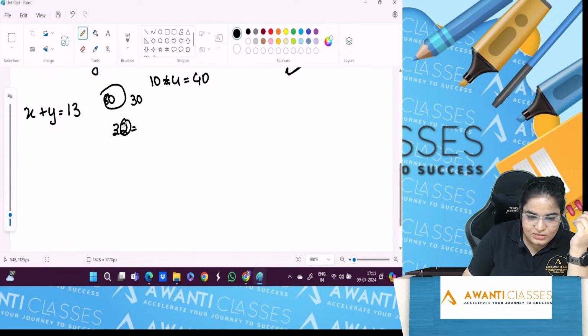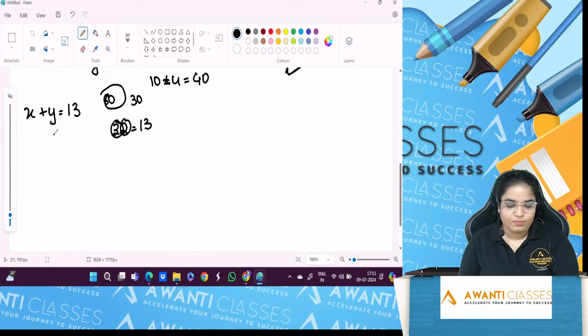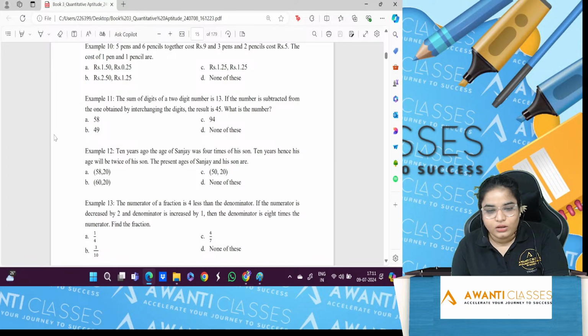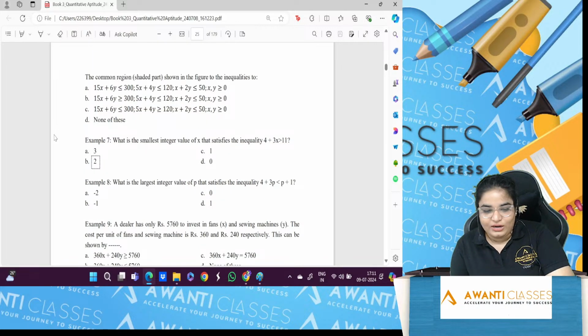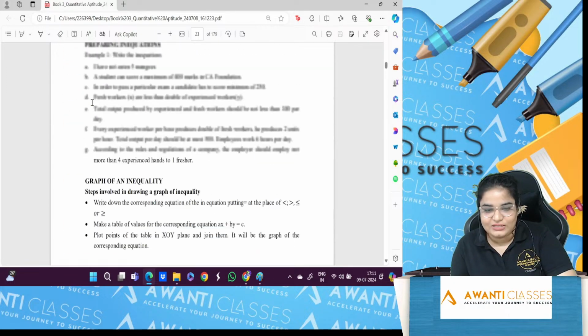They are adding the two digits and getting 13. So x plus y is equal to 13. Then the number is subtracted from the one obtained by interchanging the digits. Don't worry, I know the English seems a little difficult. I'll explain to you. It is very easy.